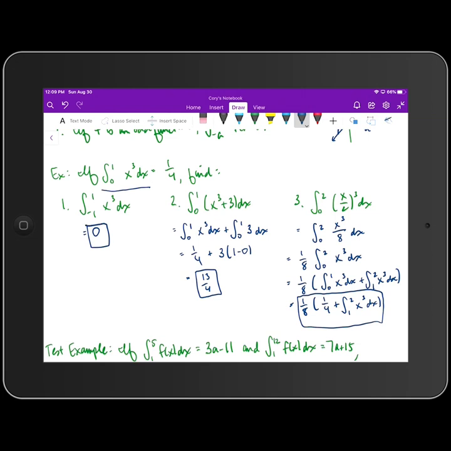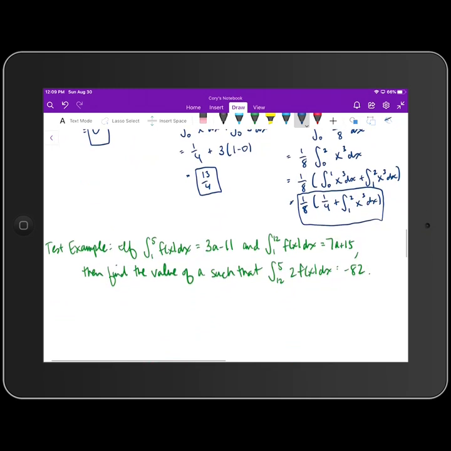Okay, so let me give you now a test level example involving these properties. I put this question on calculus tests in the past before.